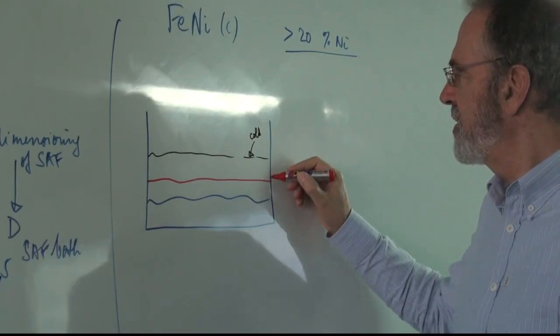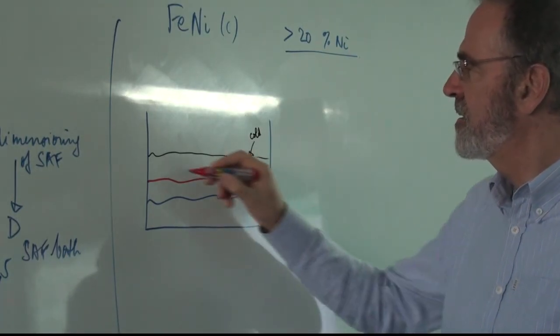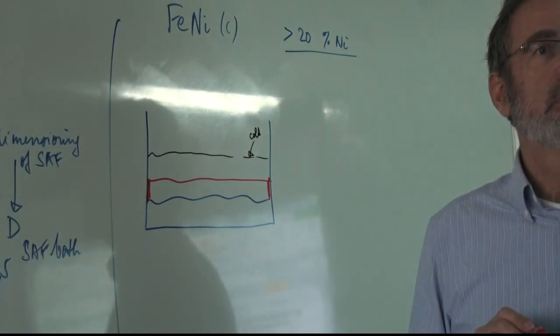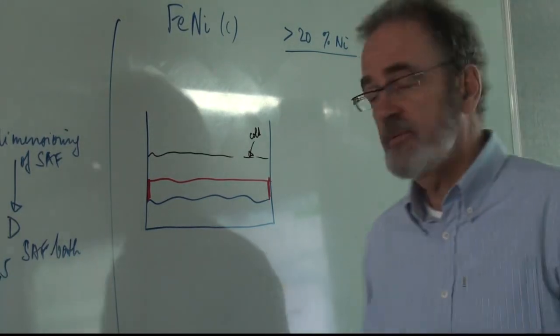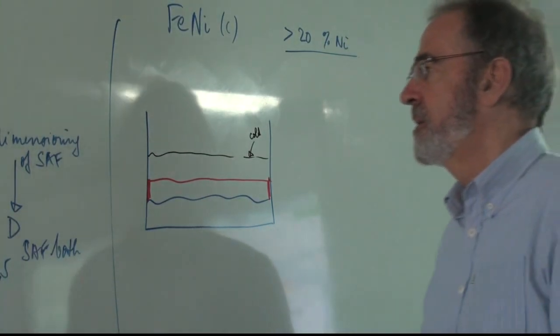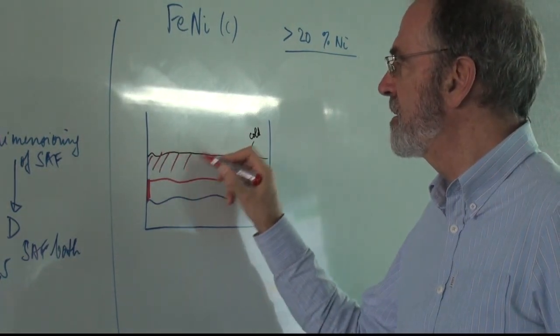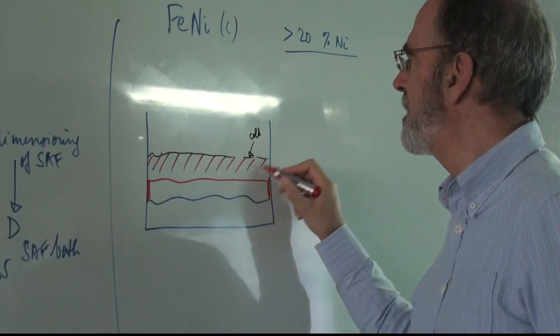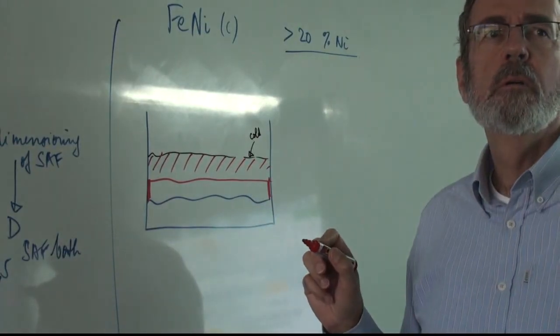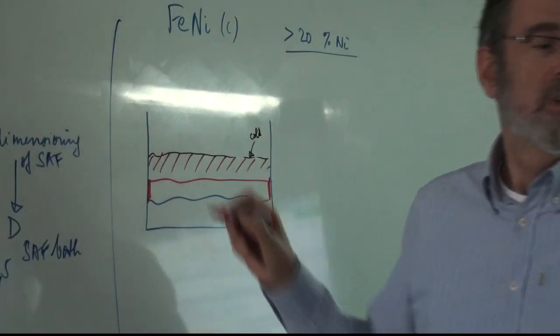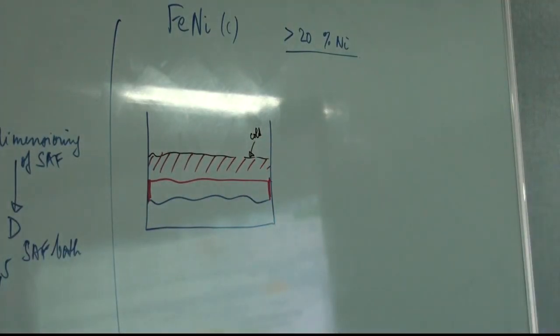So the important heat losses are here. You remember? And in this case, ferronickel, this is already hot. You agree? It is calcine, okay. Do they give the temperature?